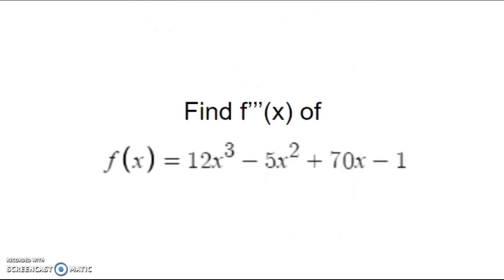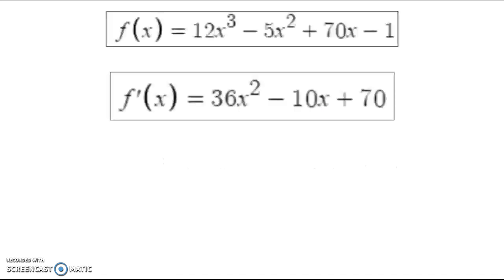Finally, we will use the power rule to find the third derivative of a function. The problem is to find the third derivative of f of x equals 12x to the 3rd minus 5x squared plus 70x minus 1. First, we need to find the first derivative of the function. To do this, we multiply each coefficient by the exponent connected to its x and subtract that exponent by 1. 12 times 3 is 36, and 3 minus 1 equals 2.